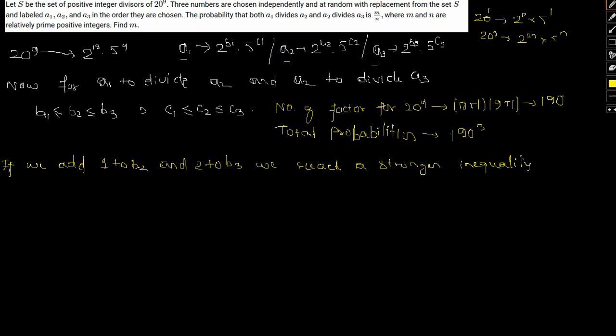That is, 0 is less than or equal to B1, which is less than B2 plus 1, which is less than B3 plus 2, which should be less than or equal to 20. Okay, because the maximum we have considered is 20 in general.